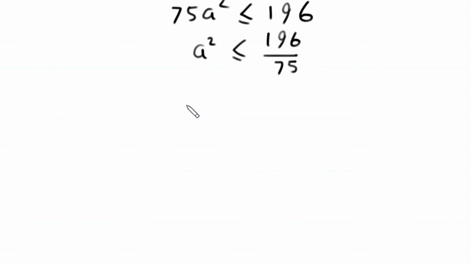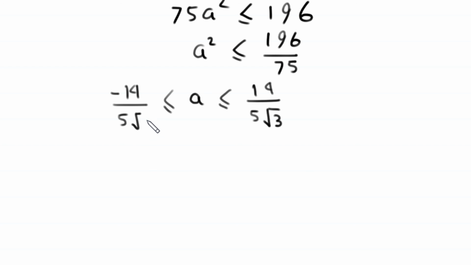If we take the square root of both sides, this implies that a must be less than or equal to the square root of 196, which is 14, divided by the square root of 75, which is 5 times root 3, and a must be greater than or equal to negative 14 divided by 5 times root 3. This is approximately equal to 1.61, and this is approximately equal to negative 1.61.